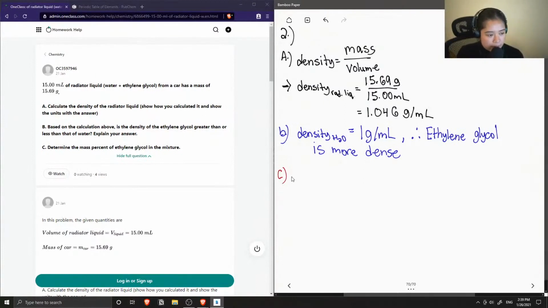Okay, so first let's make some assumptions to help us answer this question. We'll assume that X is the mass of ethylene glycol. So in a mixture containing only water and ethylene glycol, we know that 1 minus X is equal to the mass of our water.